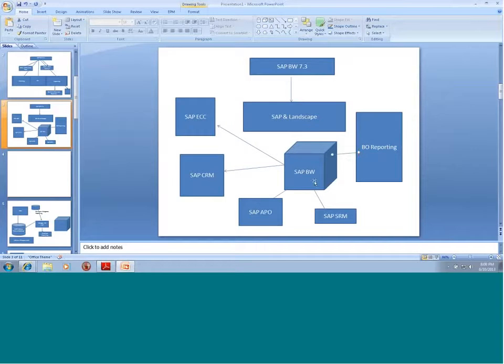As a consultant, we should be aware of the different SAP source systems available in the market, the different SAP landscapes, and how SAP BW interacts with them. Once we start a real project, it is expected that we have worked with several modules in SAP and also non-SAP systems.